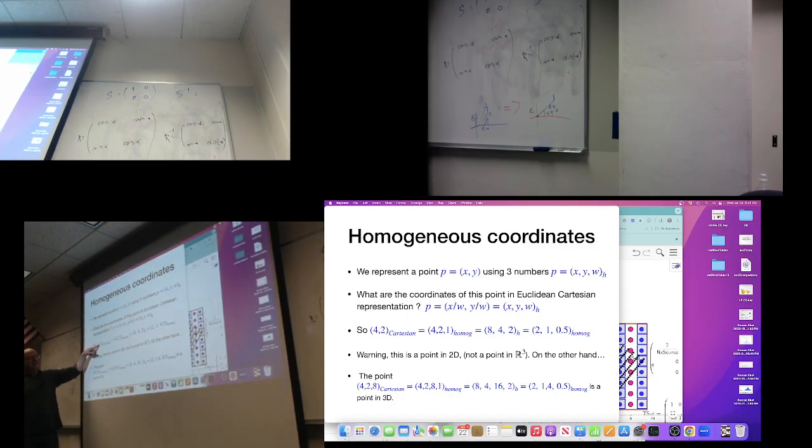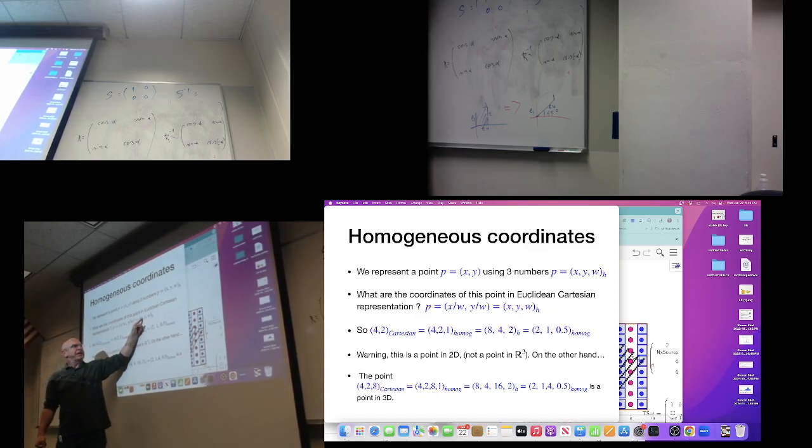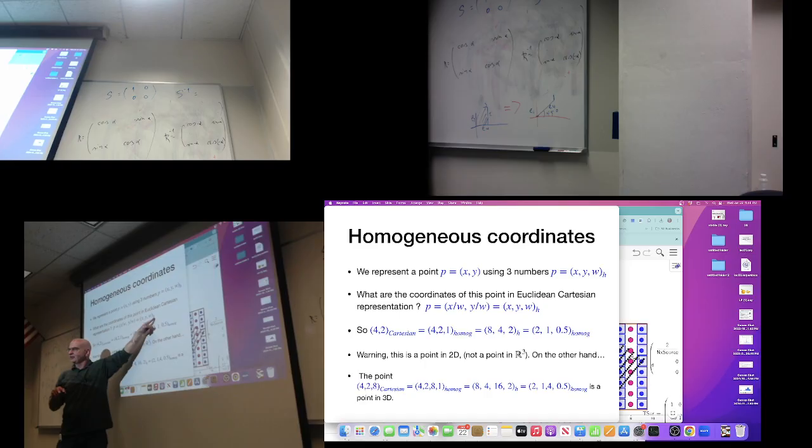4, 2 in Cartesian coordinates is just a point whose x coordinate is 4, whose y coordinate is 2. How do I understand x, y, w? 3 numbers, but now I'll tell you that this point is in homogeneous coordinates. There are 3 numbers, but the point lives in 2 dimensions, not in 3. Despite having 3 numbers, the point lives only in 2 dimensions.